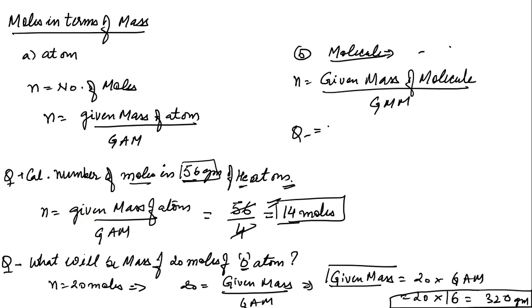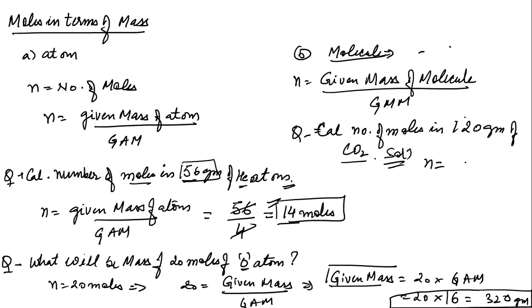Now suppose the question is: calculate the number of moles in 120 gram of CO2. So what will be the solution? n is equal to the given mass, 120, upon the gram molecular mass of CO2.